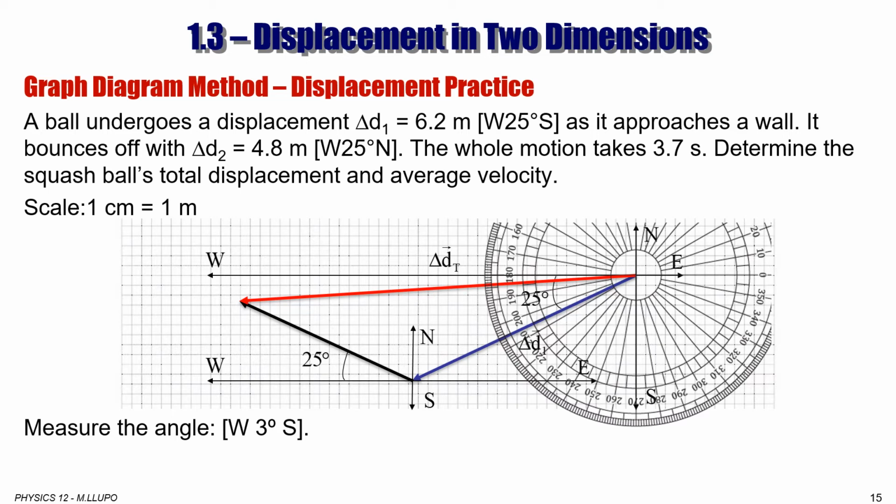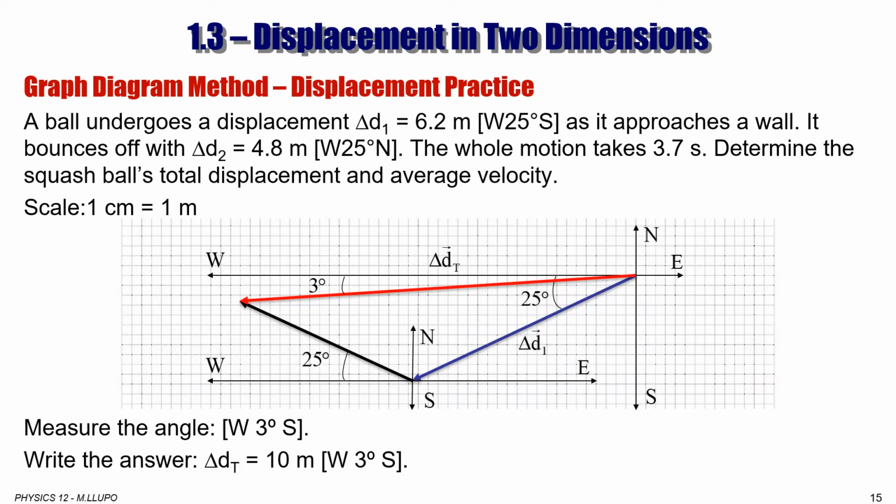So I can write it as between west toward south: west 3 degrees south. And then I can write the answer as a whole: delta D total is equal to 10 meter, not 10 centimeter, 10 meter, west 3 degrees south.